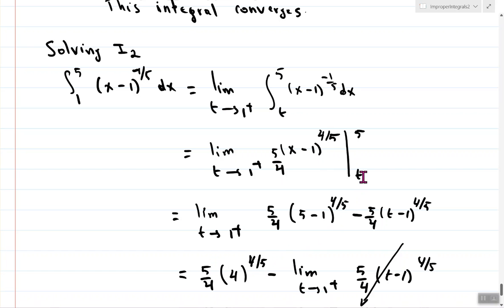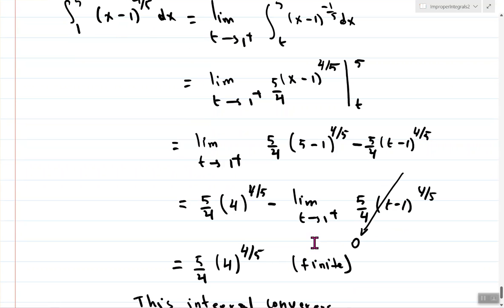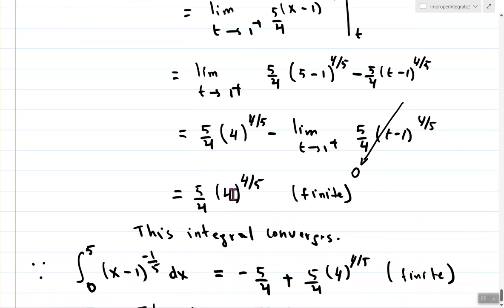Then we plug in t for x, we get t minus 1 here. The limit of a constant is a constant, so you get this number, minus, when you take this limit as t approaches 1 from the right, this will go to 0. So this is 0, and then we get this finite number.